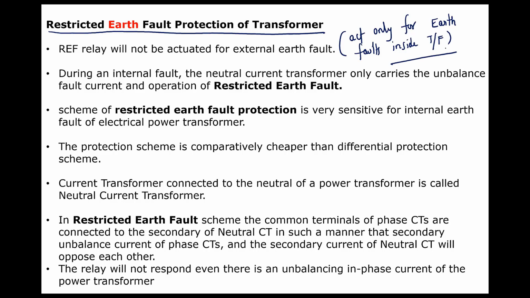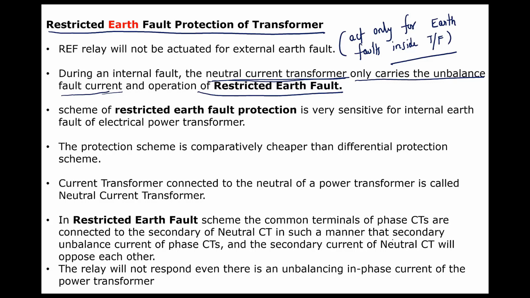If the earth fault occurs outside the transformer, this will not act. Next, during an internal earth fault, the neutral current transformer, the current transformer connected in the neutral, only carries the unbalanced fault currents and operates the restricted earth fault relay.